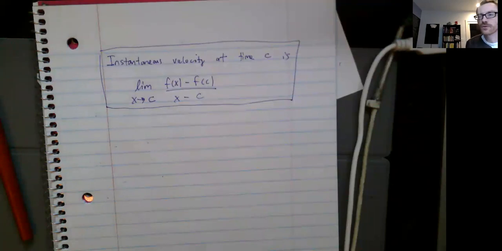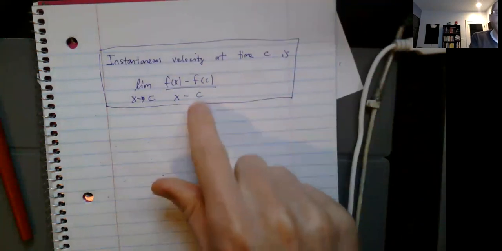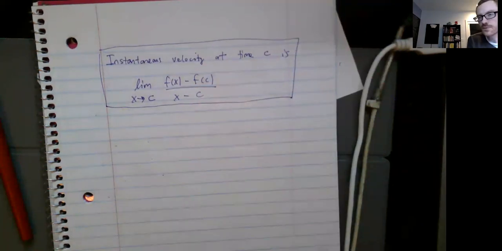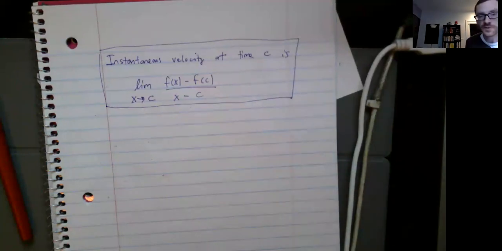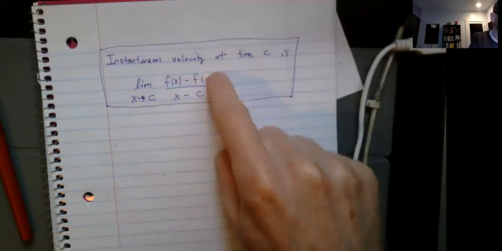So if you want to know the instantaneous velocity at time 3, you would replace c with 3 in this formula. If you wanted to know the instantaneous velocity at time 12, you would replace c with 12 in this formula, all throughout, so here, here, and here.